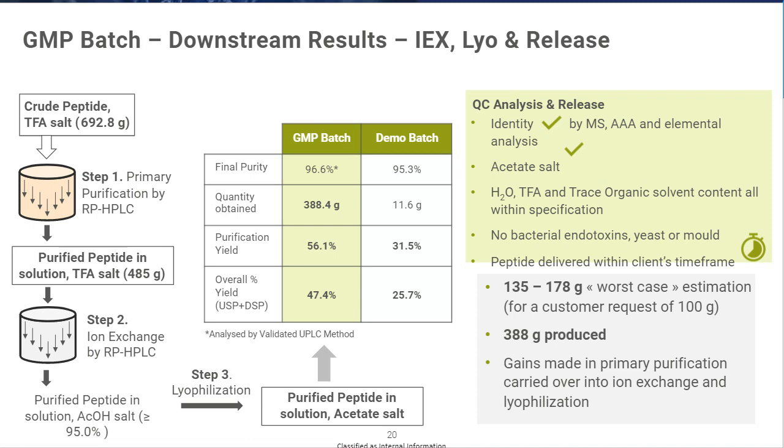So this large increase in production capacity really came from the gains that we were able to make in primary purification, which was carried forward into our ion exchange and lyophilization. So I hope you can really appreciate that the small changes that we're able to make upstream in terms of washing, in terms of limiting certain coupling steps, has a very, very large impact in terms of our efficiency of production over the whole GMP campaign.